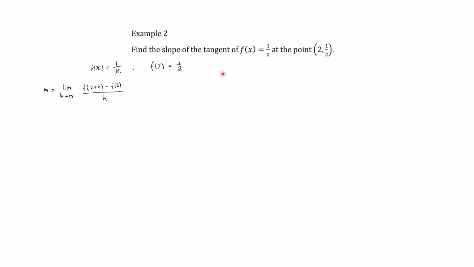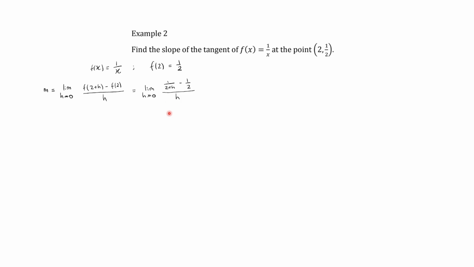And so this is going to be equal to f of 2 plus h is equal to 1 over 2 plus h, and now minus f of 2, that's going to be equal to 1/2, and all of this over h.